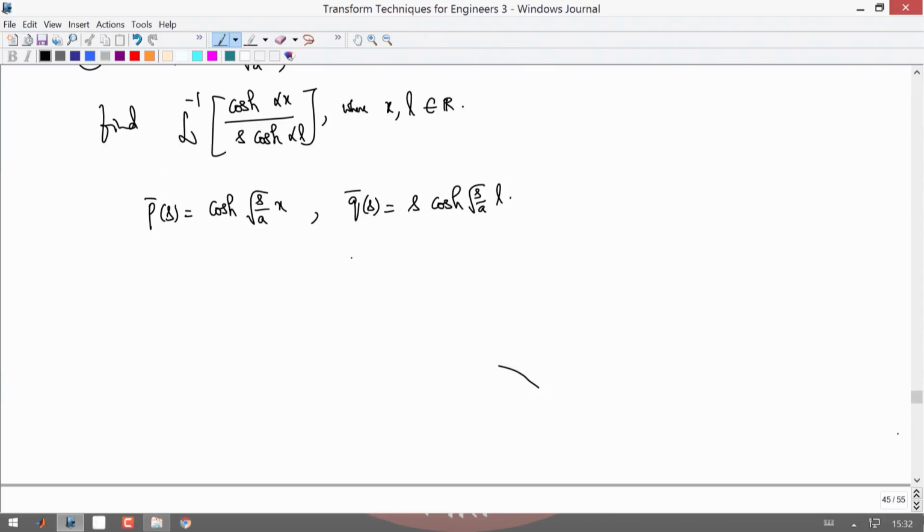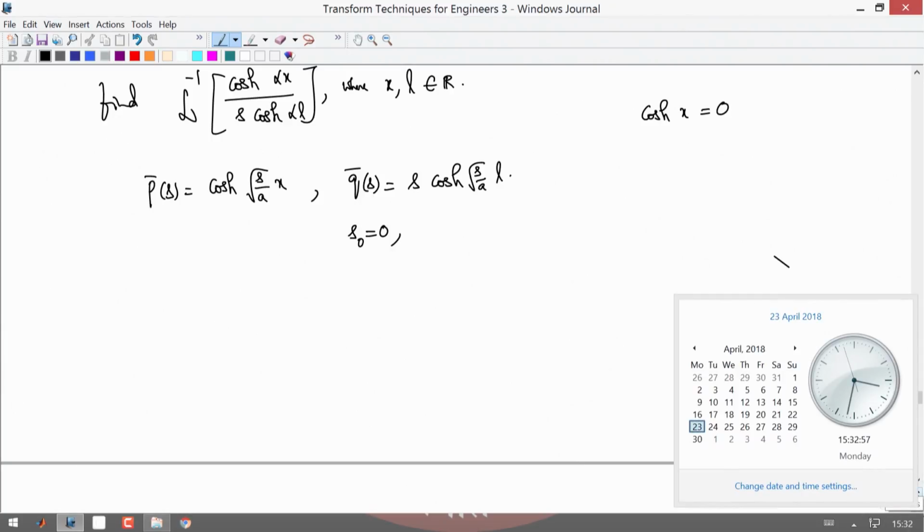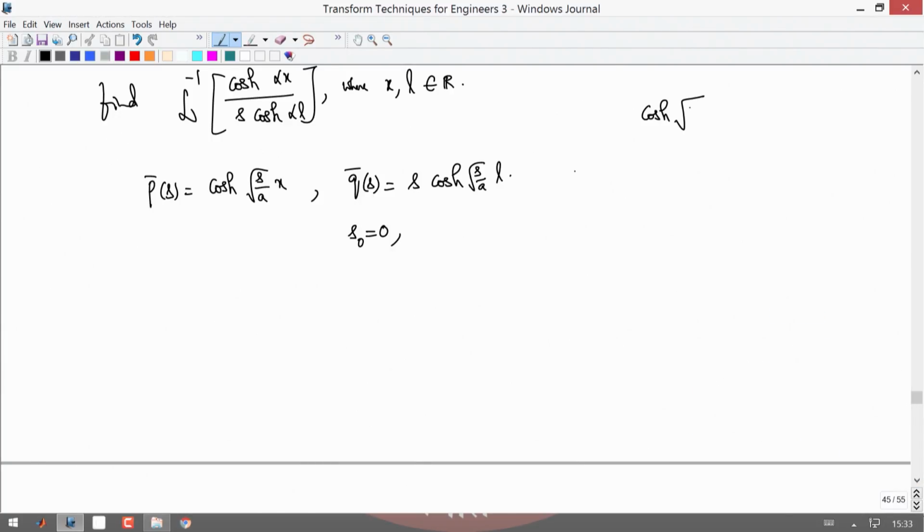Let me call those roots s0, s1 and so on. So s0 is 0 because of the factor s, and then the roots of cos hyperbolic root s by a times l equal to 0. What are the roots of cos hyperbolic root s by a l equal to 0?